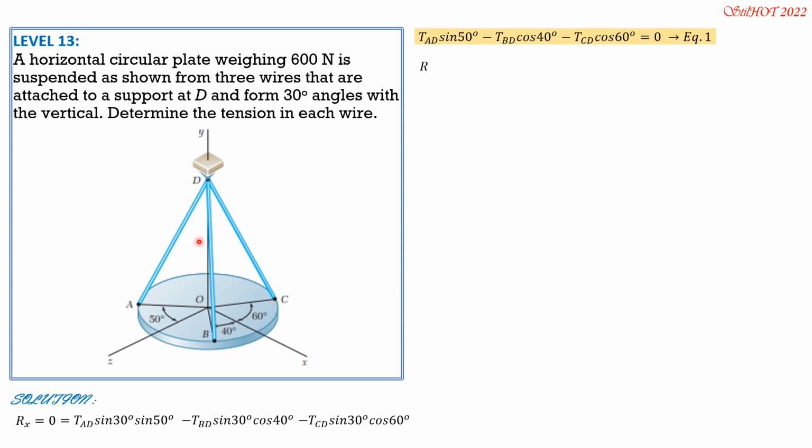Next, Ry equals 0. So all tensions are upward, and since all wires make an angle of 30 degrees with the vertical, their vertical components are all positive, and you just multiply cosine 30. So tension AD cosine 30 plus tension BD cosine 30 plus tension CD cosine of 30.